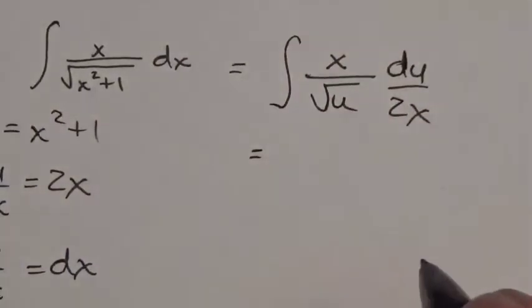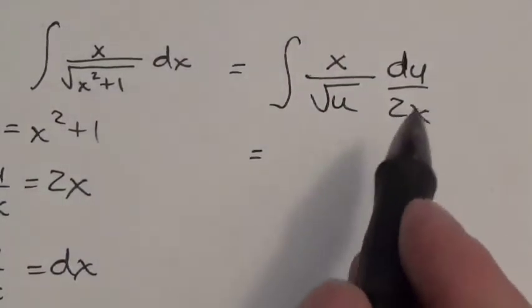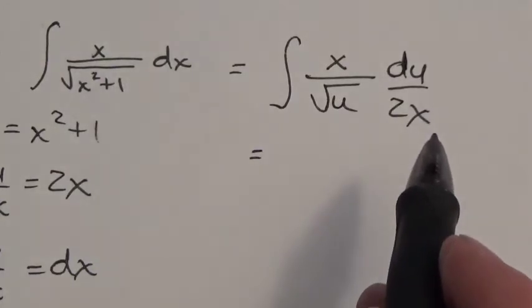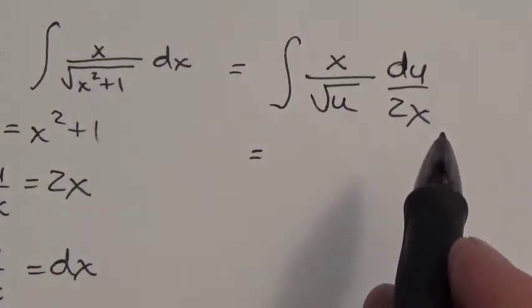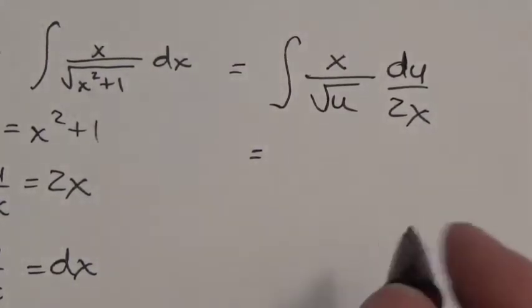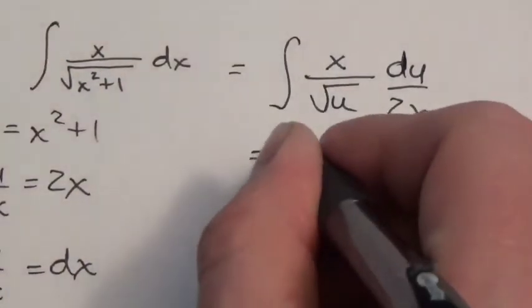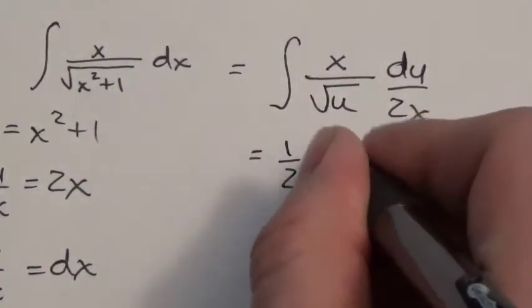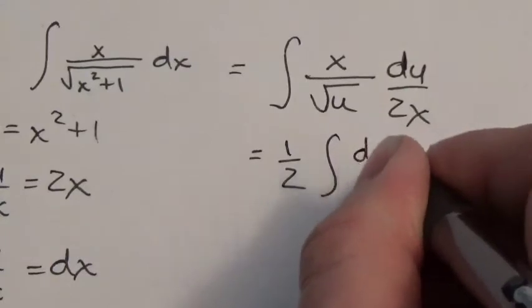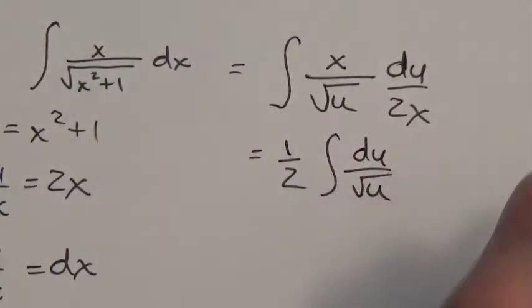And that's good. I like that. I'm still left with a 2 in the denominator. But if you remember back to a previous class here, having a coefficient up front, that's not a problem. I'm just going to move that out front. So I'll make that 1/2 the integral of du over root u. Good. It's a much simpler expression.